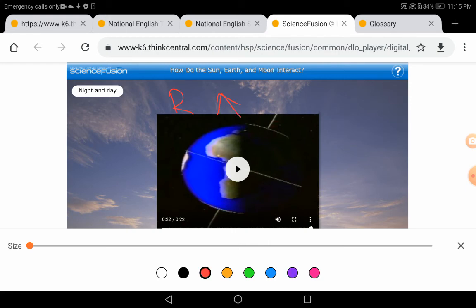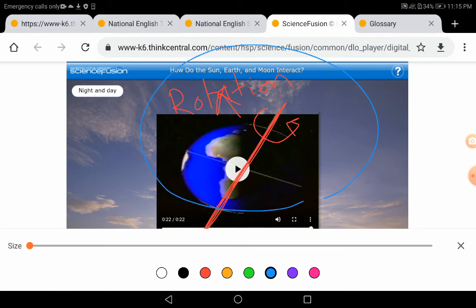Okay, so as we said before, we have two movements for the Earth. One is called rotation, which is moving around its axis, this way from west to east. And the other one is called revolution, which is moving around the sun.